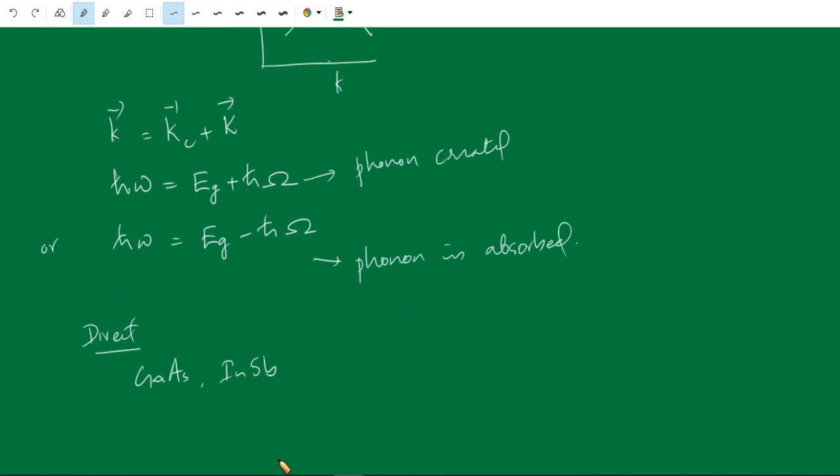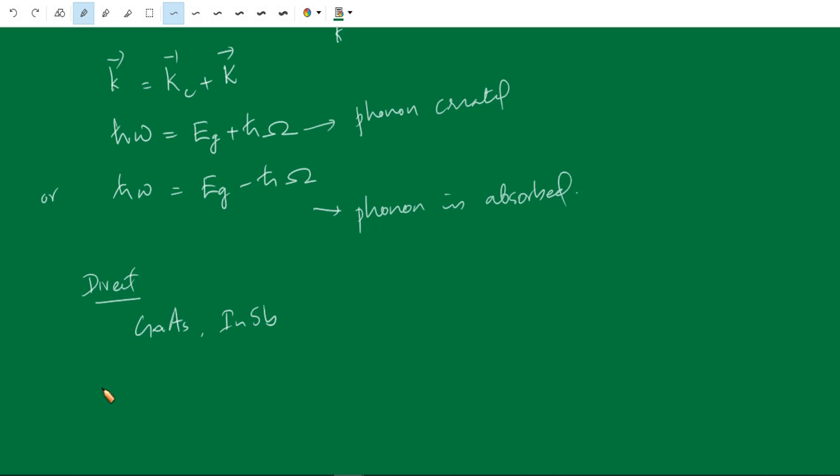An example of an indirect band gap material is silicon. Silicon is not used for making optical devices because the electron hole pair is created at a much slower rate in the case of indirect transition.